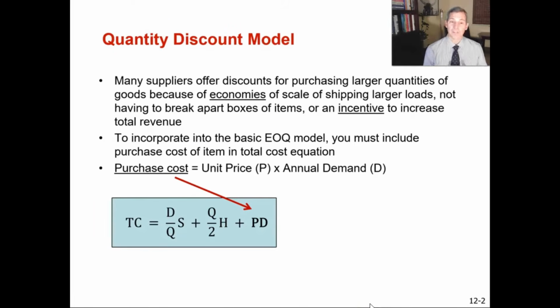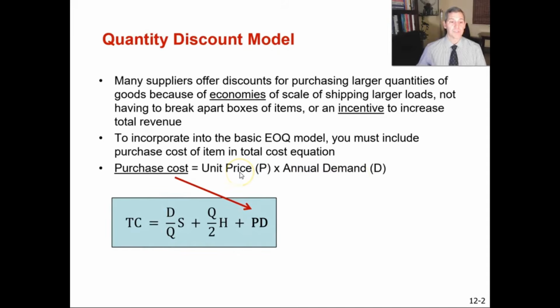Many suppliers offer discounts for purchasing larger quantities of goods because of the economies of scale. They want to ship larger loads, not have to break items apart, and so they give an incentive to increase total revenue. So what we are doing is we're taking the economic order quantity model and we are adding the purchase cost to determine the quantity discount model. So you can see here is our economic order quantity model, and we are adding the unit price multiplied by the annual demand.